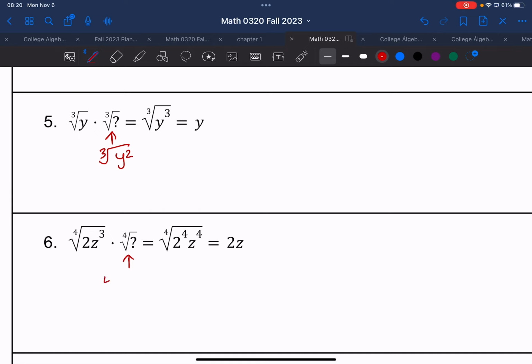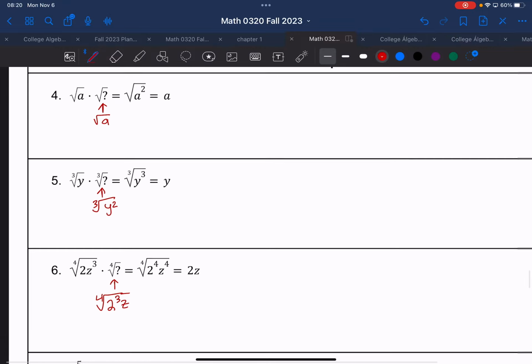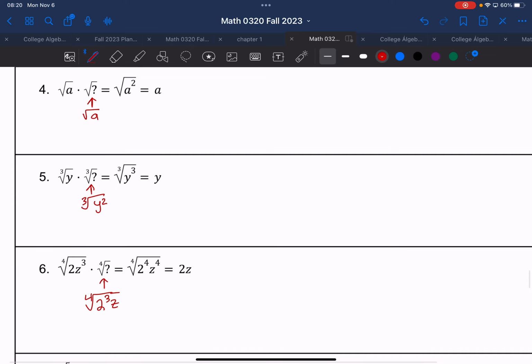So we are missing the 4th root of 2 cubed. We have z cubed, but we want z to the 4th. So that means we are missing 1z. Okay. We need to understand these properties of radicals and these properties of exponents in order to be able to rationalize a denominator. Any questions on those properties?